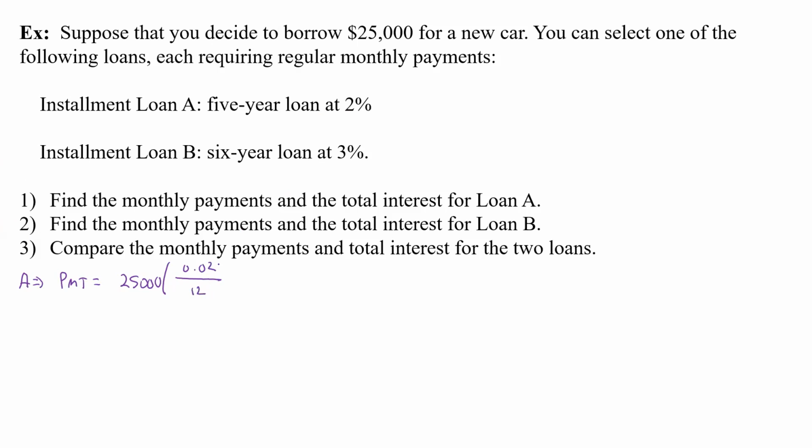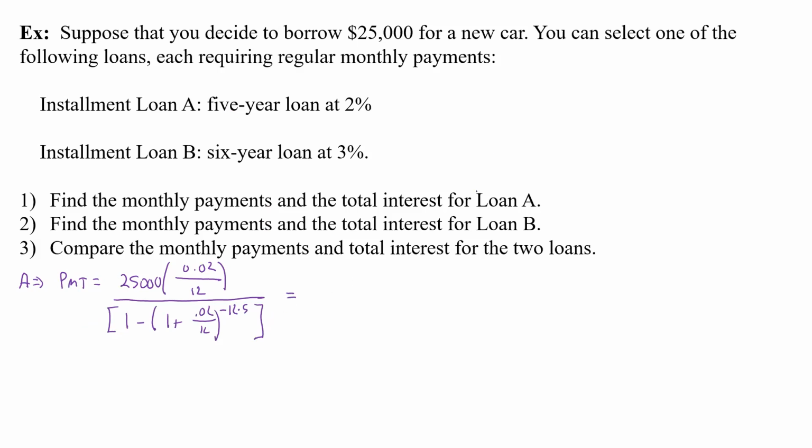It's monthly, so it's 12, divided by, and now we put a bracket, and then we have 1 minus parenthesis, then it's 1 plus the 0.02 divided by 12. Now it's raised to the negative n, and n is 12, and we're going to do it over 5 years.